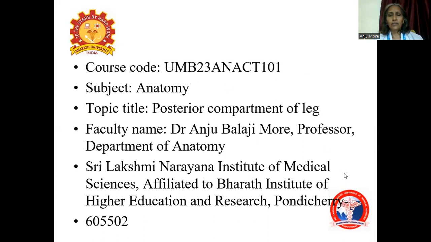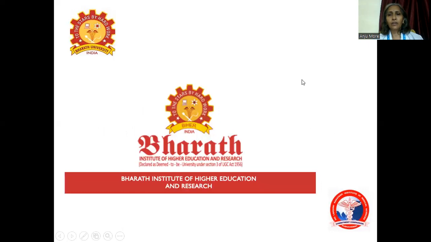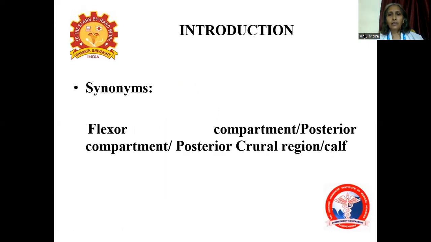In this class, we will cover the topic related to lower limb, and that is the posterior compartment of leg. The posterior compartment of leg is the compartment which lies on the posterior aspect of leg. So it is also called as just posterior compartment, or for a lay person it is the calf region.